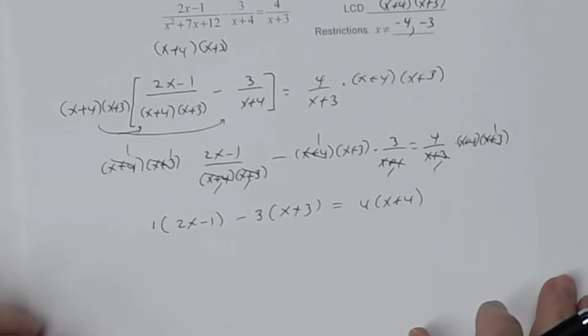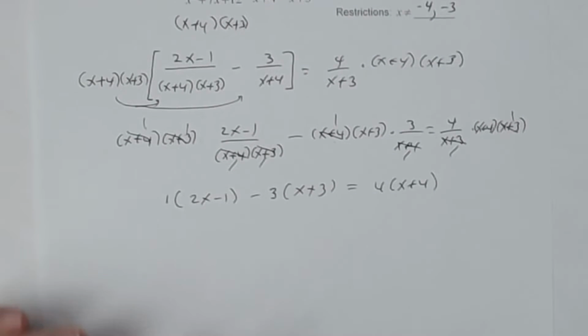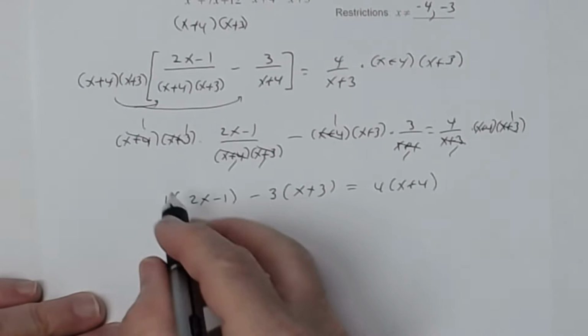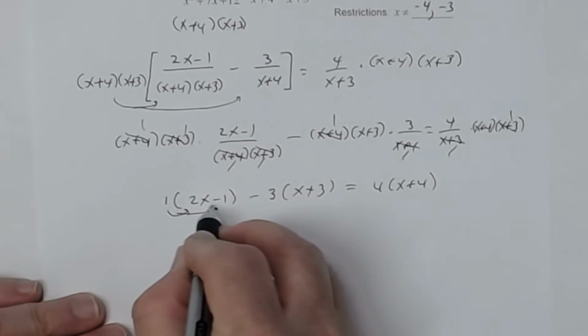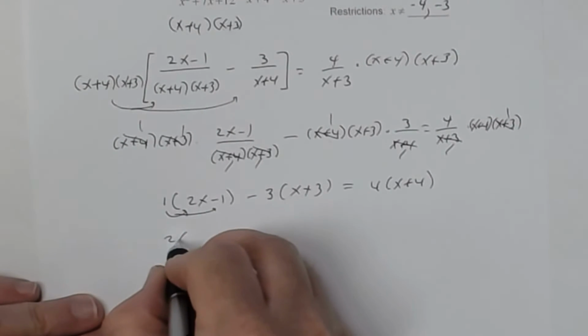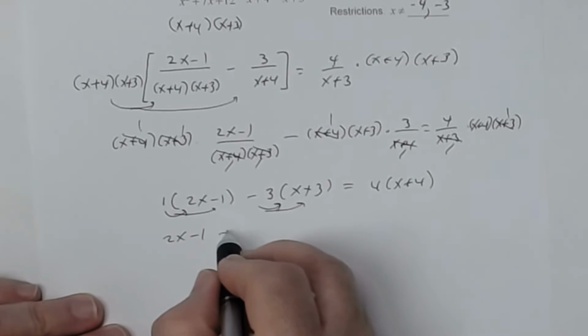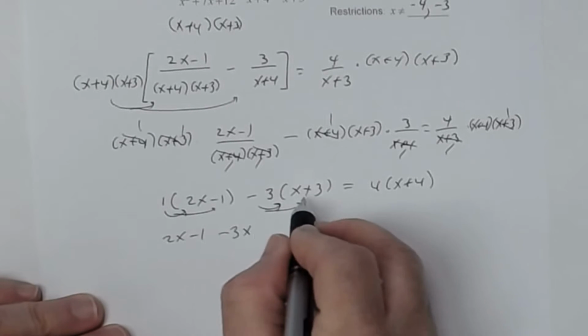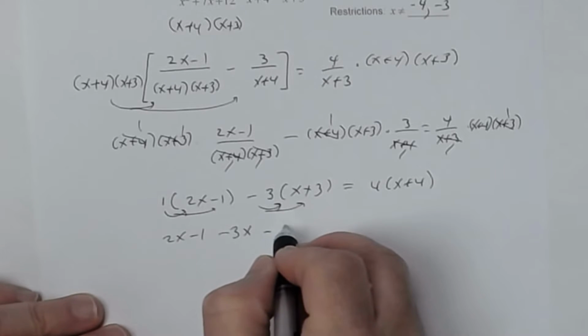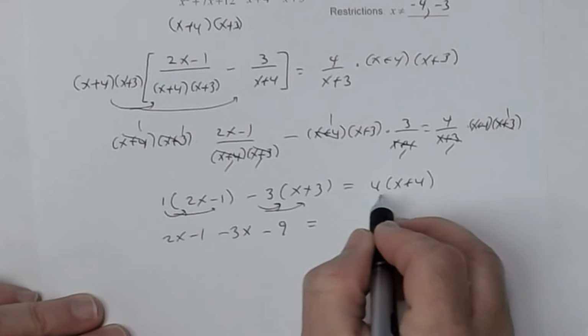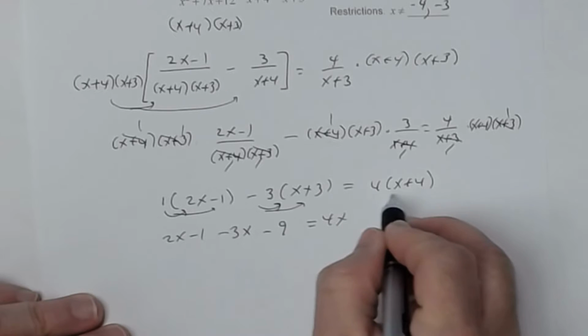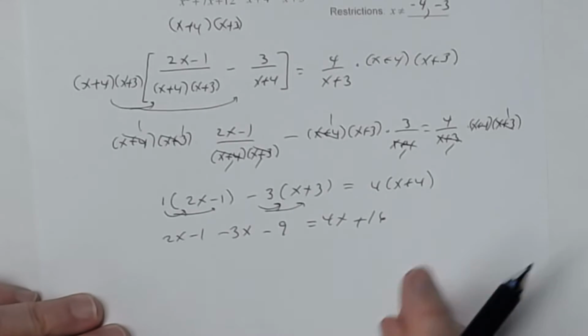All right, so now we're at this point where you don't have any fractions left, so now we're going to distribute. Well, 1 times 2x minus 1 is 2x minus 1. Over here, I'm going to distribute the negative 3. So negative 3 times x is a negative 3x. A negative 3 times a positive 3 is a negative 9, equals. And then 4 times x is 4x, and then 4 times 4 is 16.